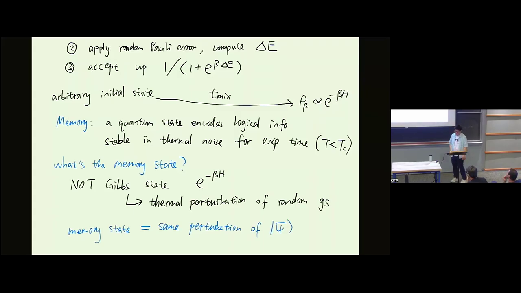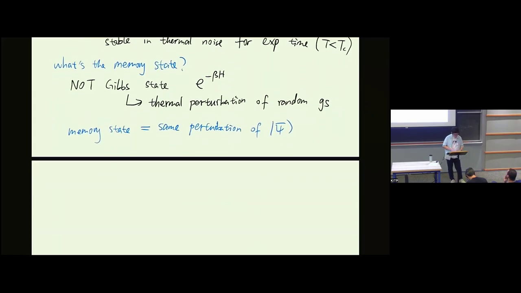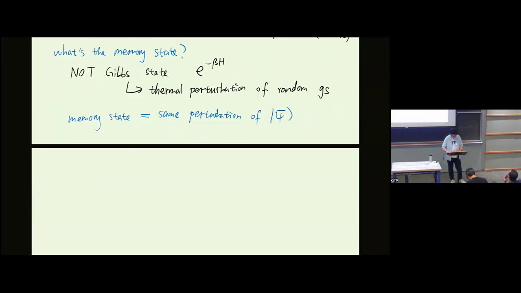Okay. Now this is so simple, right? But the memory statement is saying something very interesting. We give this memory state a name. We call it rho beta with a superscript psi, and we call it the Gibbs state within a logical sector, because apparently it goes by definition.